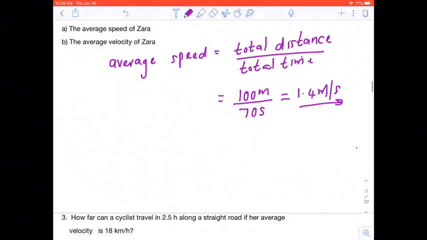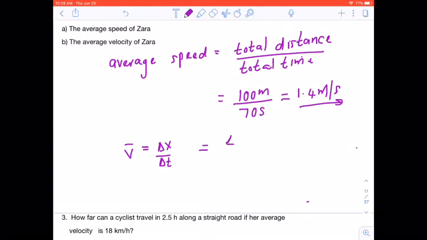What is the average velocity? Average velocity v is equal to change in x upon change in time, which is then equal to 40 meters.